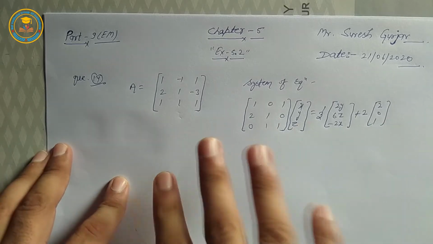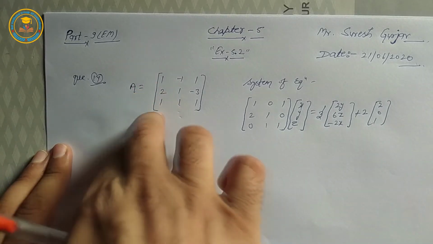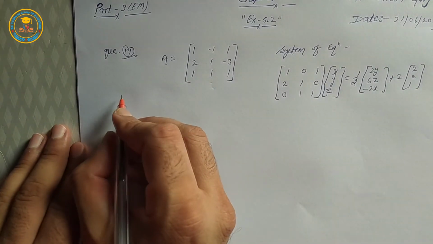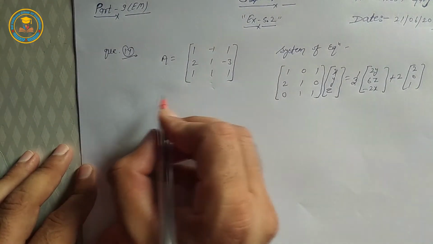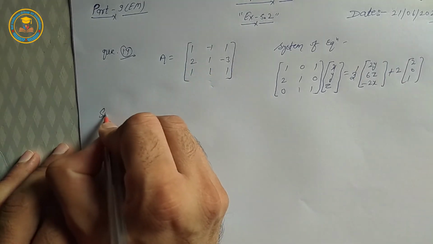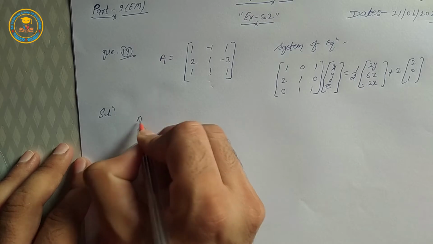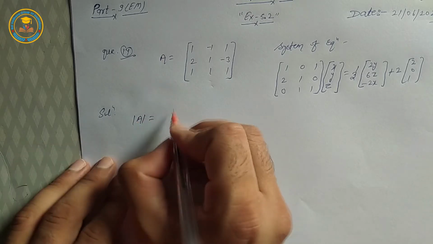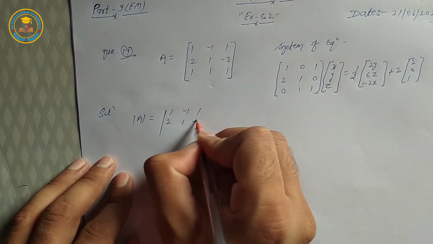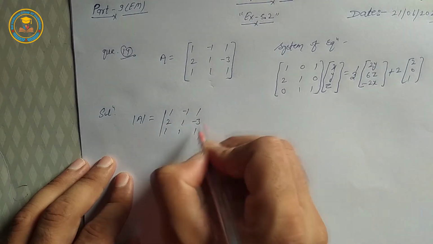Before finding the inverse of matrix A, let matrix A be equal to the given matrix. Solution: determinant A is equal to |1 -1 1; 2 1 -3; 1 1 1|.